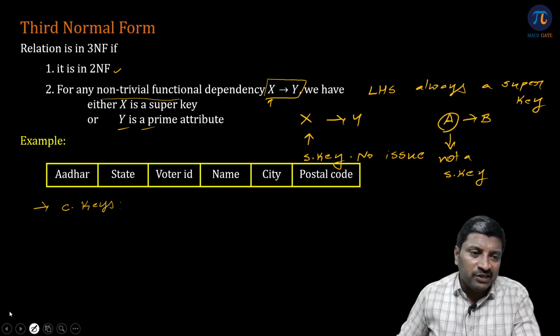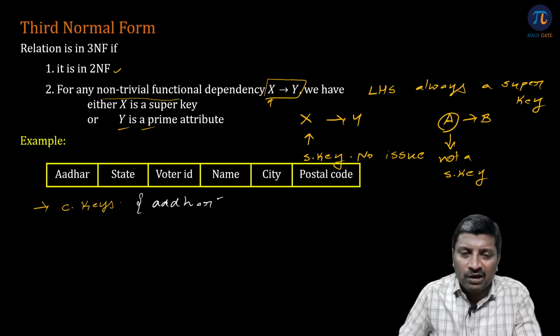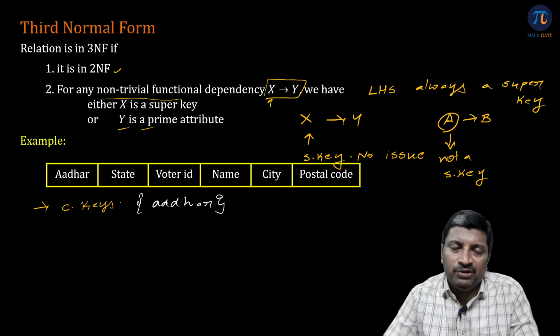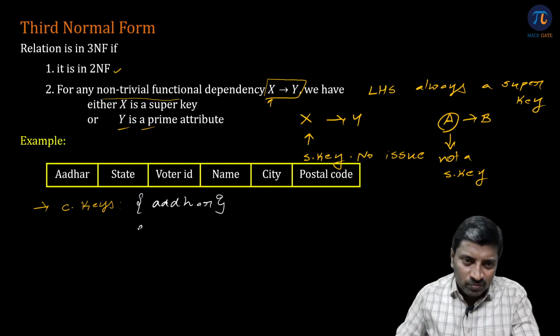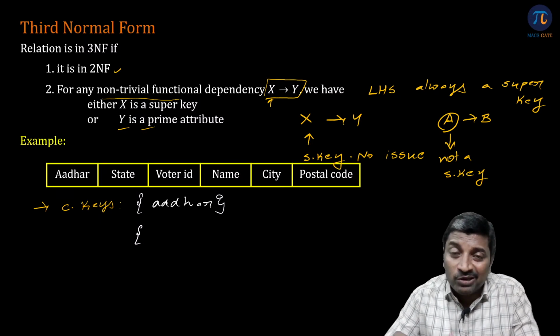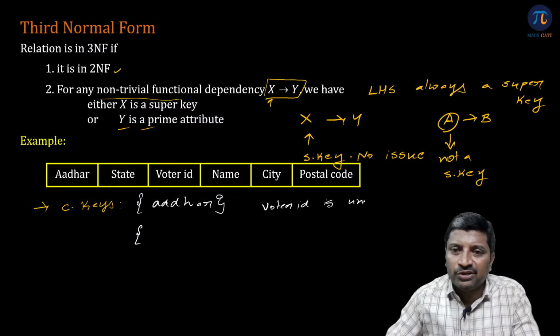When coming to candidate keys, by default it is the property of the Aadhaar number. By using the Aadhaar number, we can identify any candidate in India uniquely. Right? Now let us assume one more. Sir, I am not sure about this, but I am assuming it. Let us assume the voter number is unique within the state.